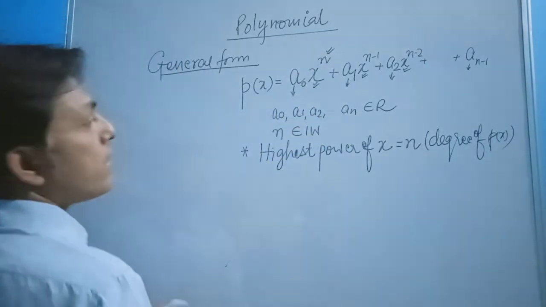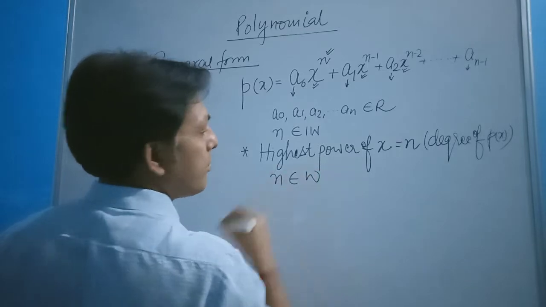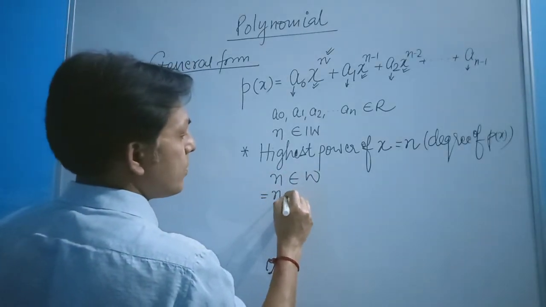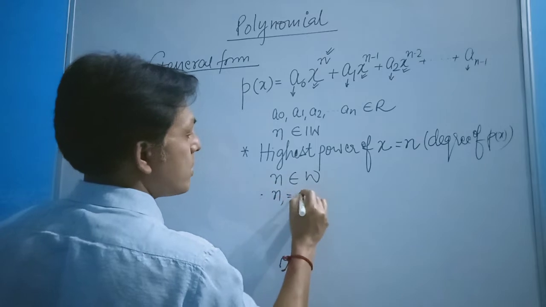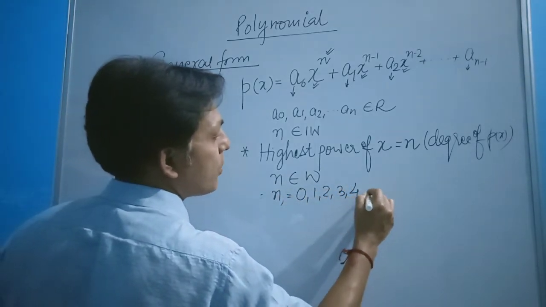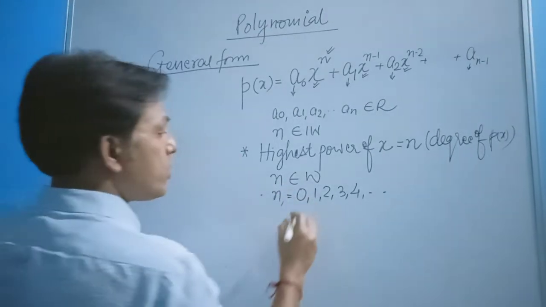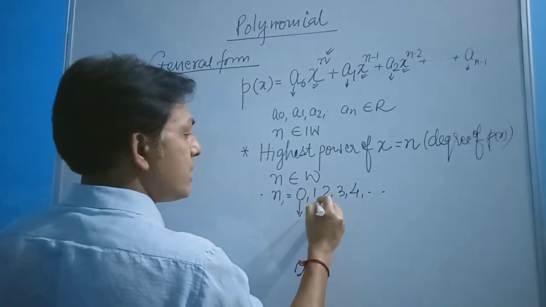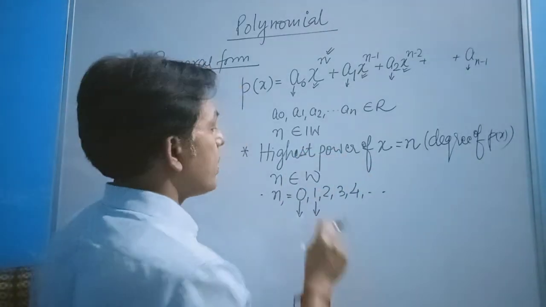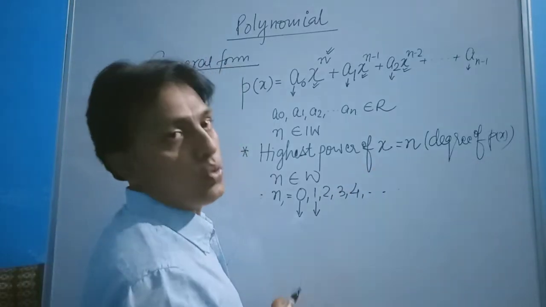Now since n belongs to whole number, n may be 0, 1, 2, 3, 4 and so on. I am going to discuss all these conditions, when n is equal to 0, n is equal to 1, n is equal to 3 and so on.